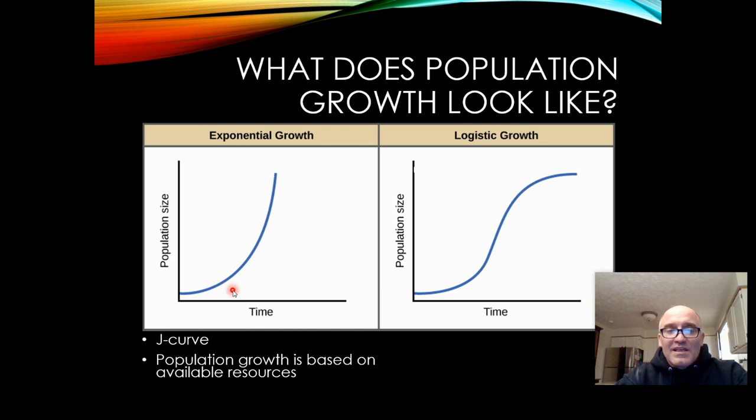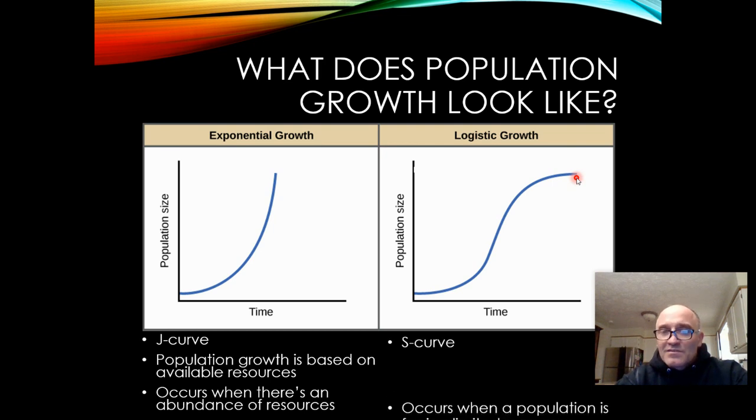And this kind of happens at initial stages of population growth when there's enough resources for a bunch of individuals to survive. Eventually, what happens is population takes on this shape where the growth levels off, and at that point, it's what's called an S curve.